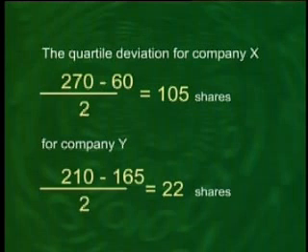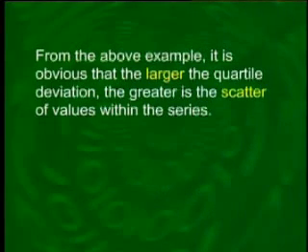The larger the quartile deviation, the greater is the scatter of the values within the series, and hence it is obvious that there is greater concentration around the median in company Y as compared with company X. From the above example, it is obvious that the larger the quartile deviation, the greater is the scatter of the values within the series.